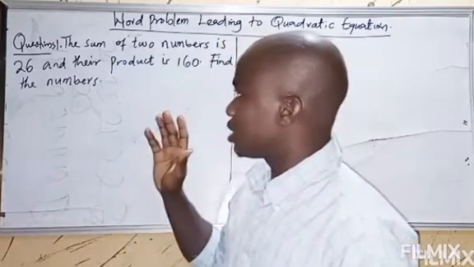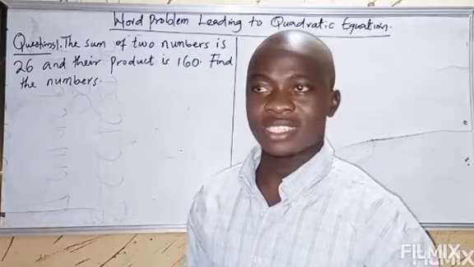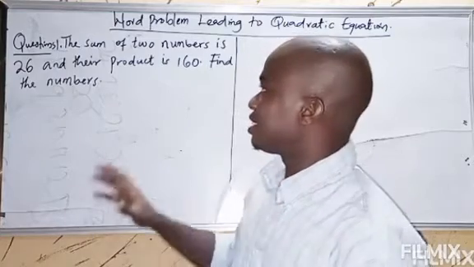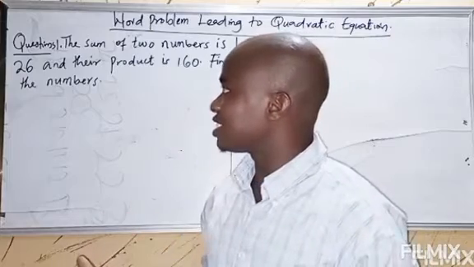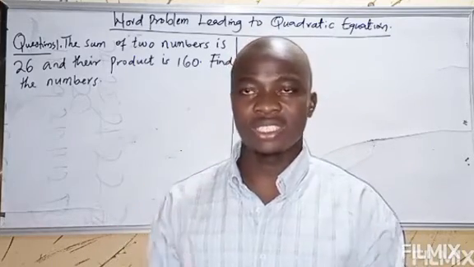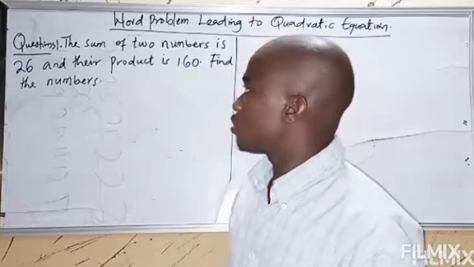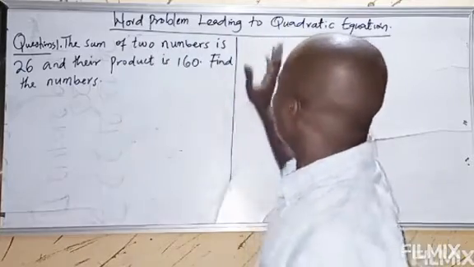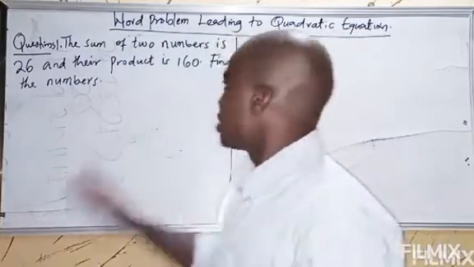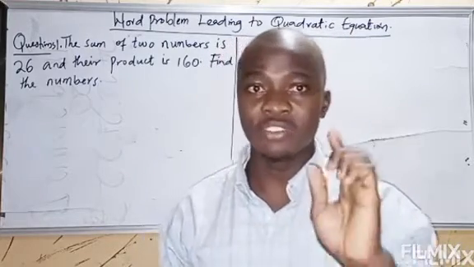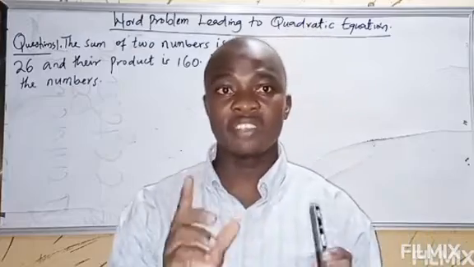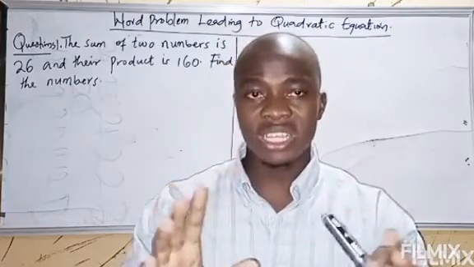So first of all, is there a word problem related to quadratic equations? Actually, yes, and we know that in a quadratic equation we only have one variable, but that variable has two distinct values.